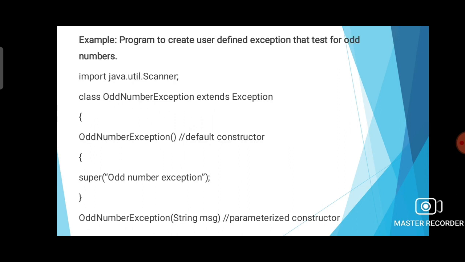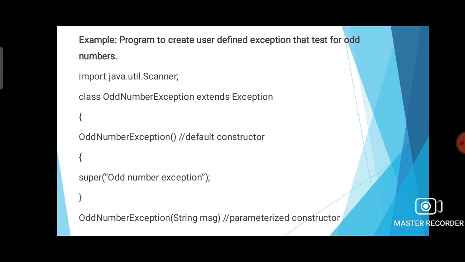Next we are going to see the user-defined exception that tests for odd numbers. So here also we are creating an exception class OddNumberException under the superclass Exception, and we are defining the default constructor OddNumberException.